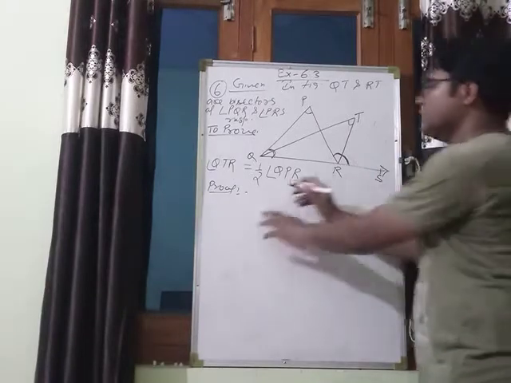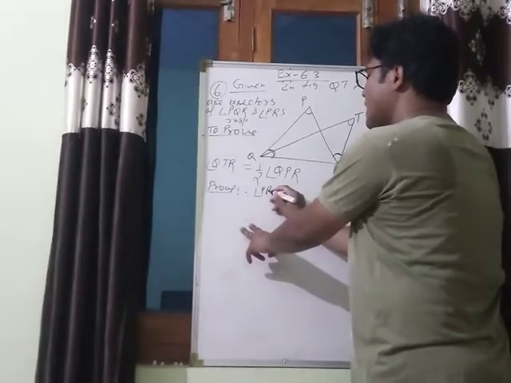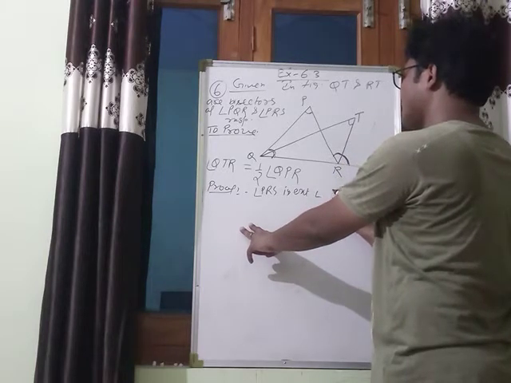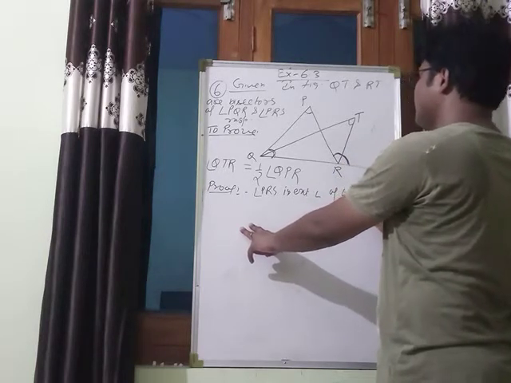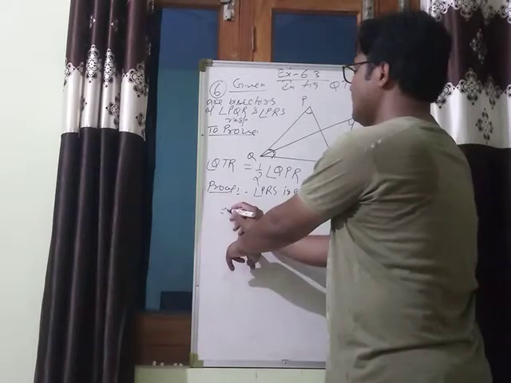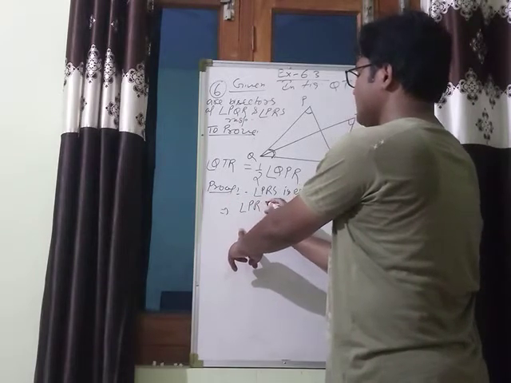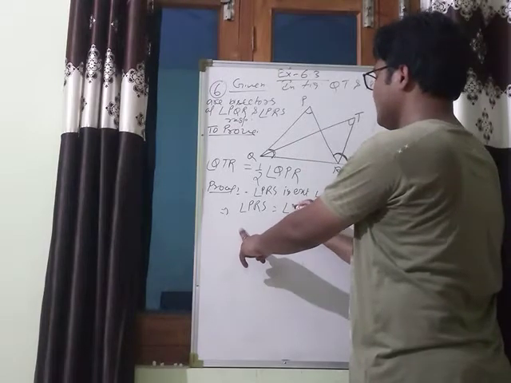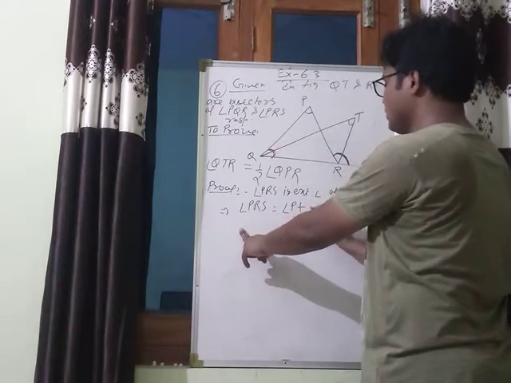So from here, angle PRS is equal to angle P plus angle Q.